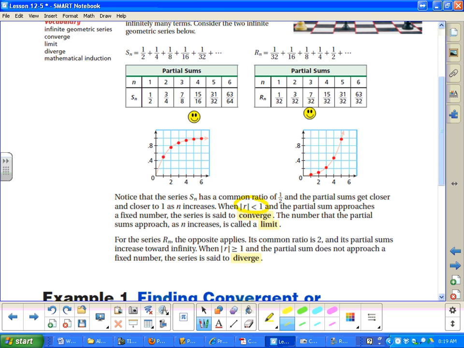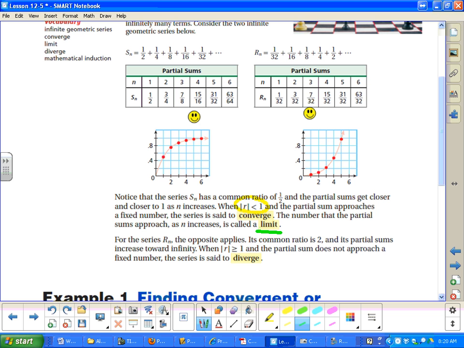Remember talking about asymptotes? So it's kind of like an asymptote. It's going to get closer and closer to that number, not actually going to get there, but it gets close. And we say that it's going to converge on a specific number. And that number that the partial sum approaches is called a limit. Now, a limit is important because it's a word that's used in calculus a lot.